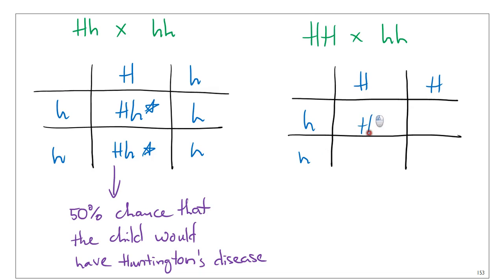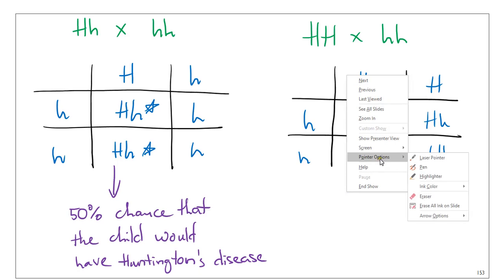So if you look at this, there is a 100% chance that the child will also develop Huntington disease. So if the patient is homozygous for Huntington disease, then this is not good news.